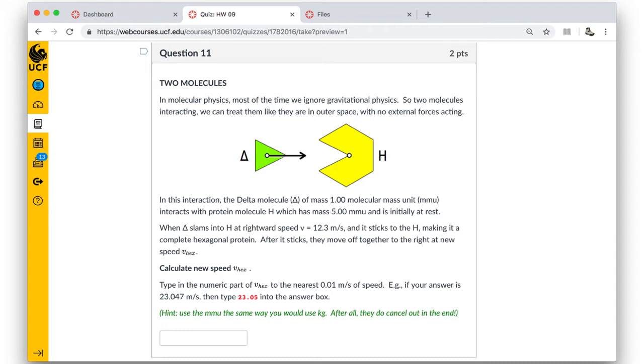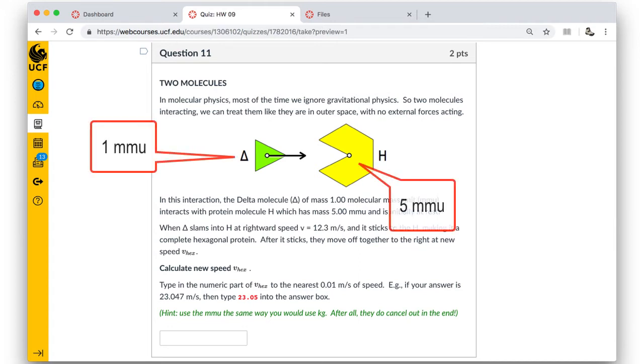Make a note to yourself, because you're going to need it eventually, that the mass of the delta molecule is 1 molecular mass unit, and the mass of the H molecule, the yellow one, is 5 molecular mass units.